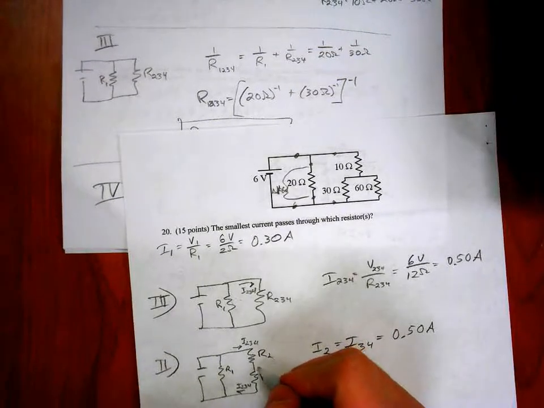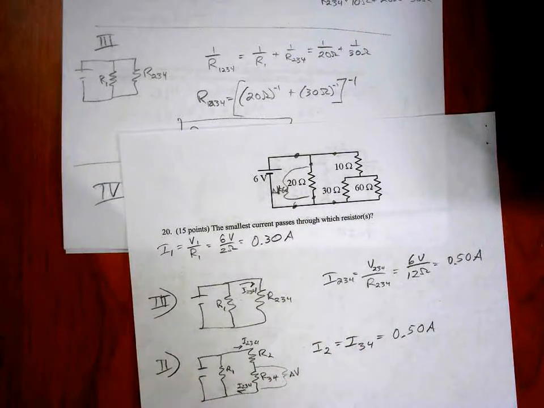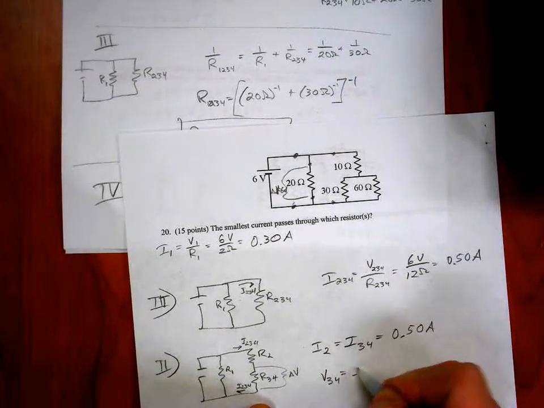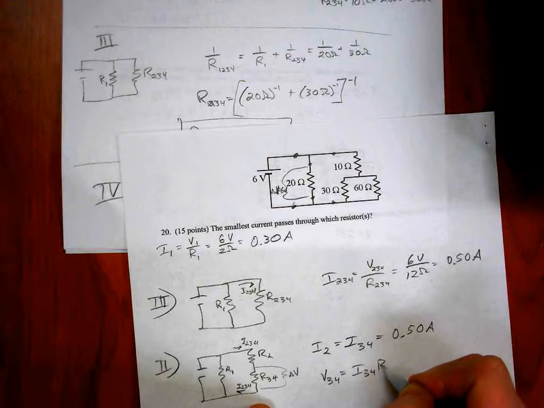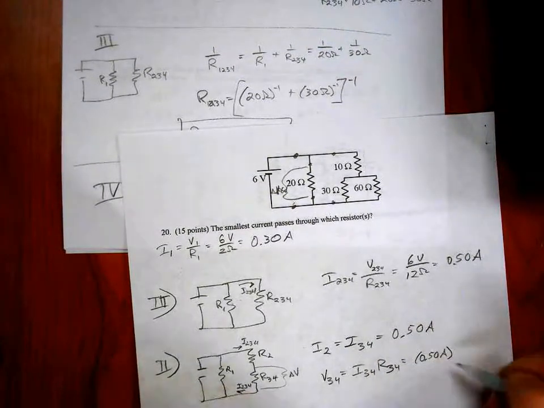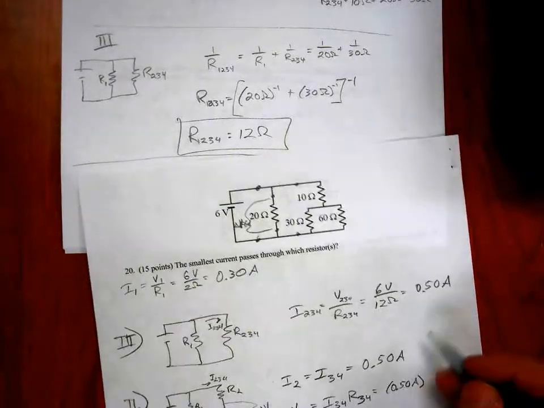But now we need to see what the voltage drop across R34 is, so we can then go back and find the current through each one of those. So the voltage drop across 34 is equal to I34 times R34, so that's 0.50 amps times R34, which we found to be 20 ohms.